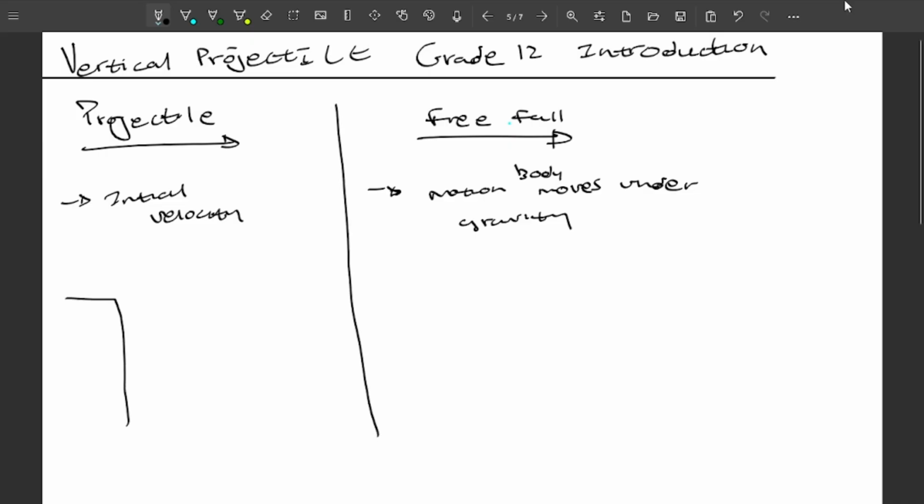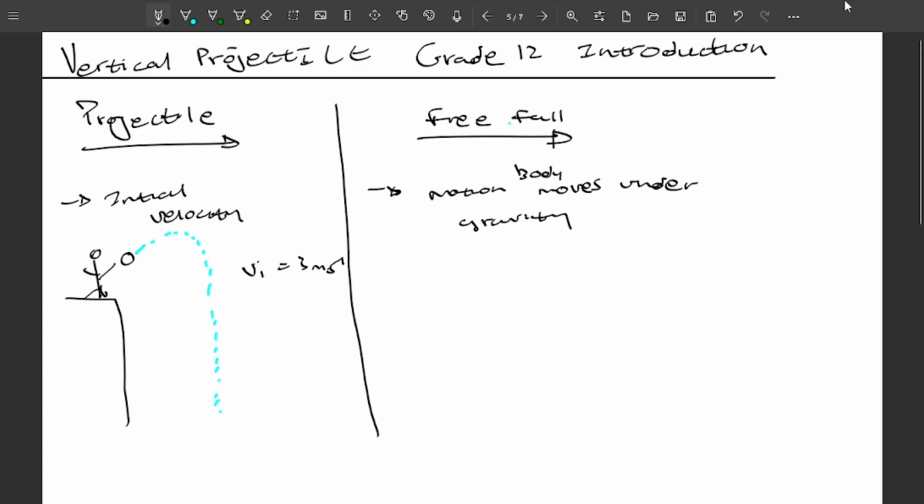Projectile, say for instance there's a person standing on top of a roof of a tall building, and this person has a ball. Now this ball, the person then decides to project the ball, right? He projects it at a certain speed of 3 meters per second.